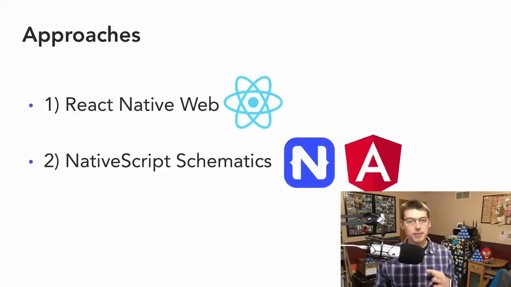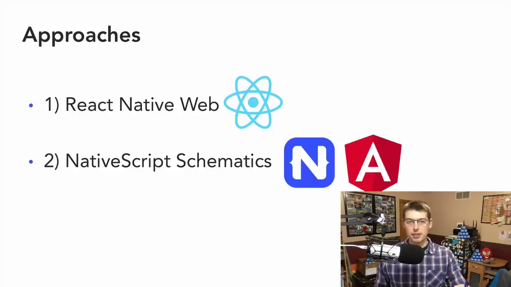Now, there are a number of different solutions out there for doing this sort of thing. The two that I think are most popular, the ones that I'm most familiar with, and the ones that I'm going to be talking about today, are one that's based off of the React Native technology stack, and one that's based off of the NativeScript technology stack that I help work with at Progress.